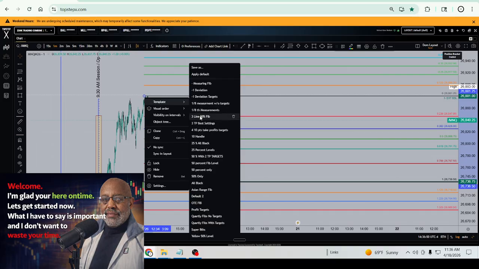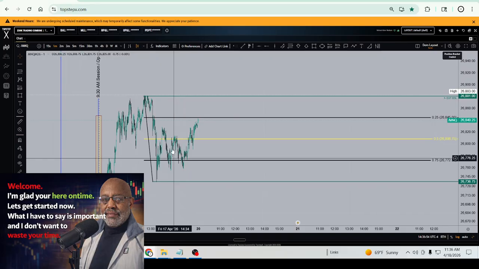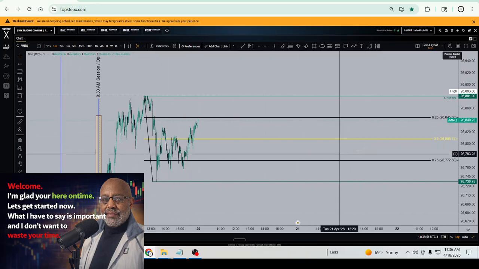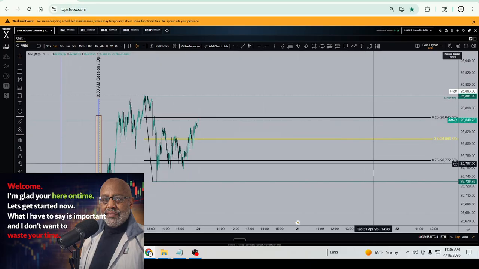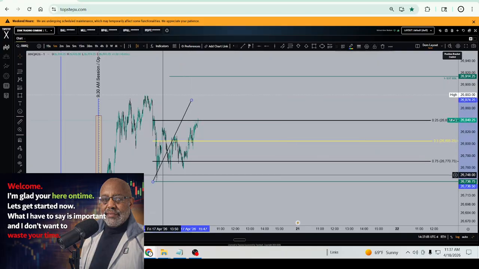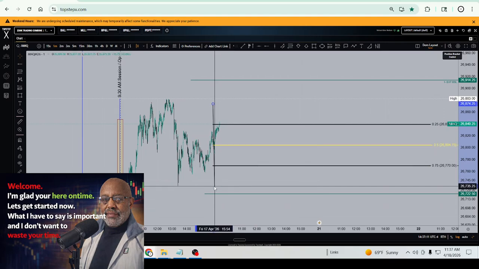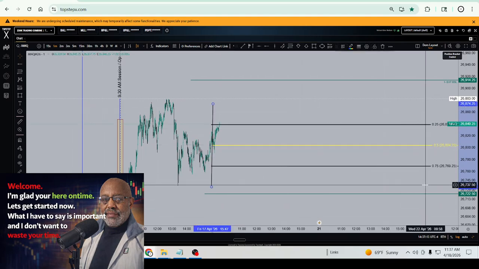I have one that's a 3-line 50% only. So the yellow line is the 50%. It's actually 4 1/4. But if I didn't have that here, you don't see it like that. So this one you see differently. 3 lines.